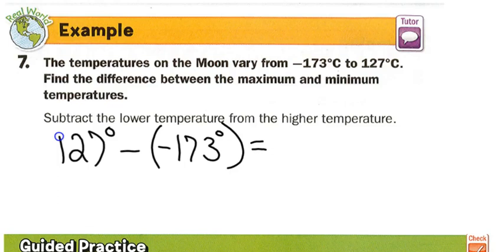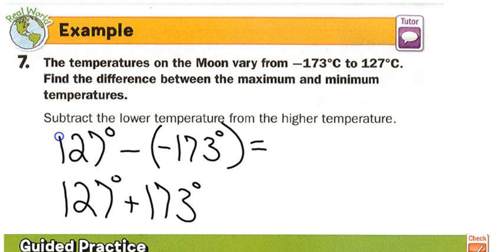So we have a subtraction problem of 127 minus negative 173. Let's turn that into an addition problem to make our lives easier. We change subtraction to addition, and we change negative 173 to its additive inverse of 173. These are degrees.